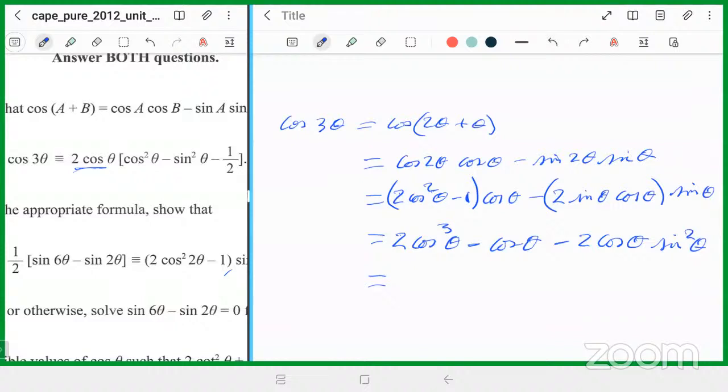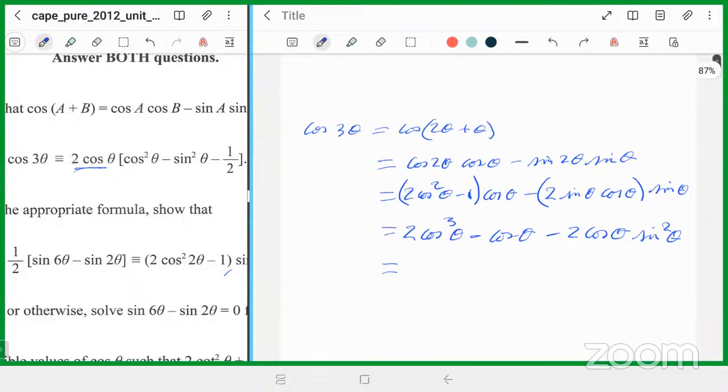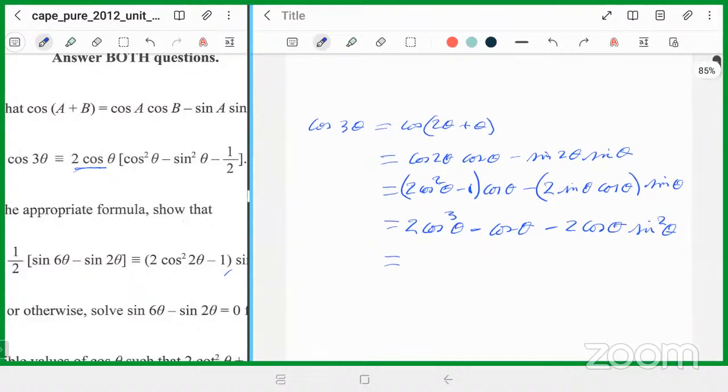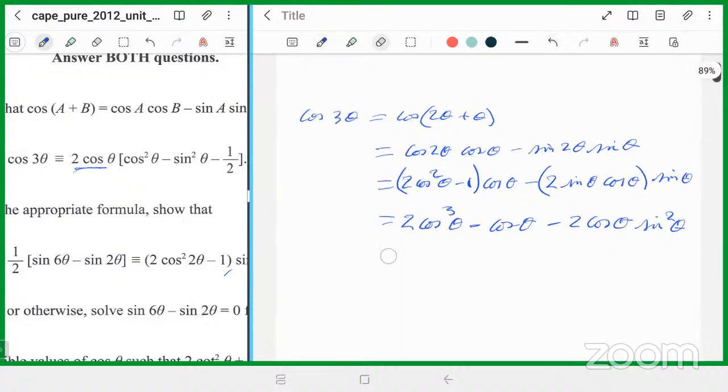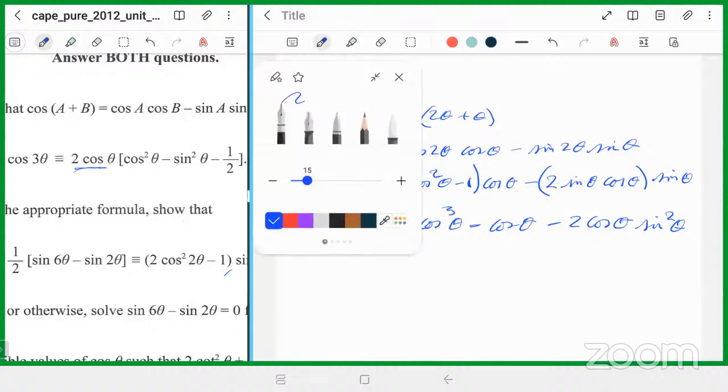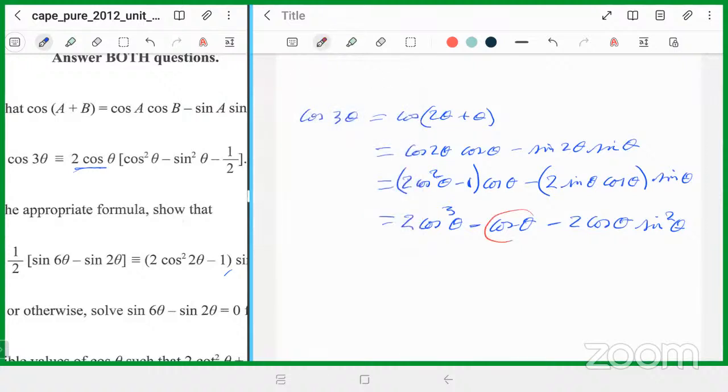I can factorize cos out of everything now. For this one, multiply by 2 over 2. So I can get 2 cos theta out of this, out of this, and out of this.